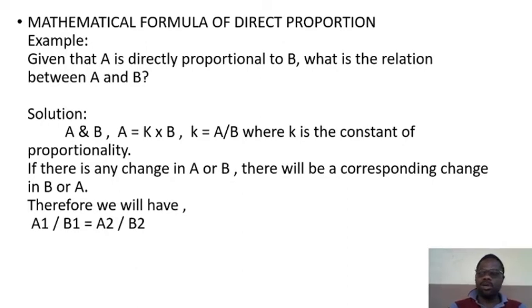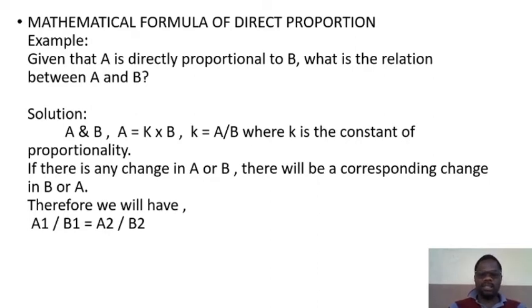We know in many areas of physics, we look at and make laws. We see two quantities being proportional to each other. So we see A is proportional to B. So that means A is equal to KB, where K is the constant of proportionality.